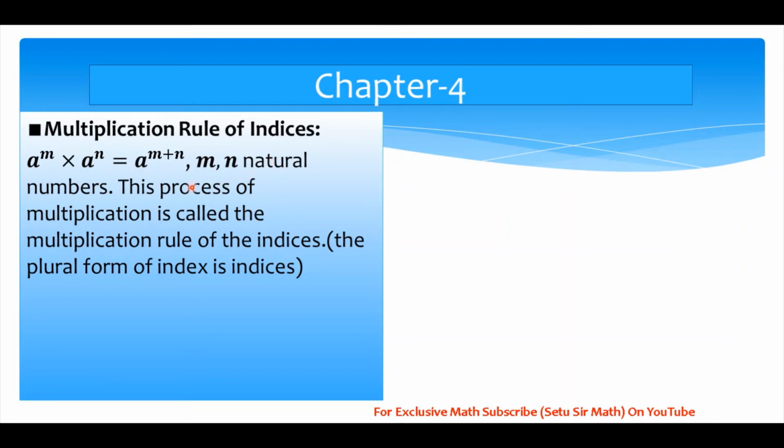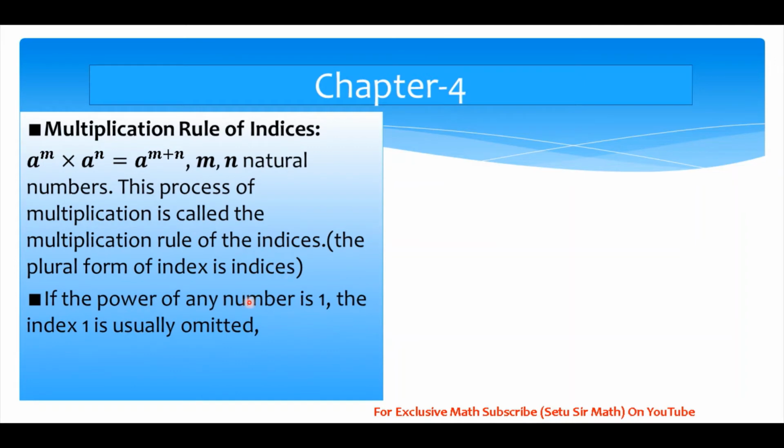M, n are natural numbers. This process of multiplication is called the multiplication rule of the indices. That means the base we write once and the powers will be added. The plural form of index is indices.